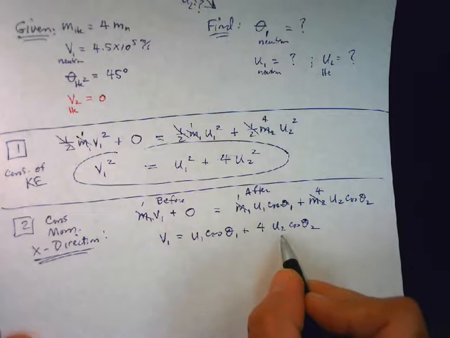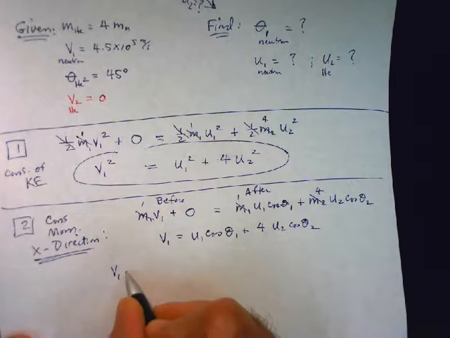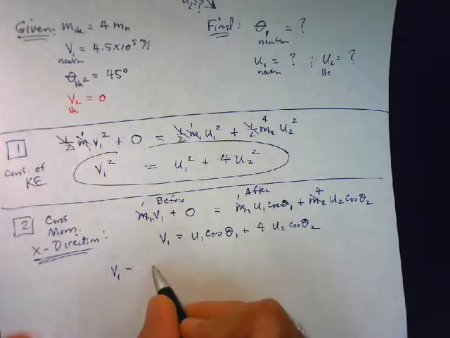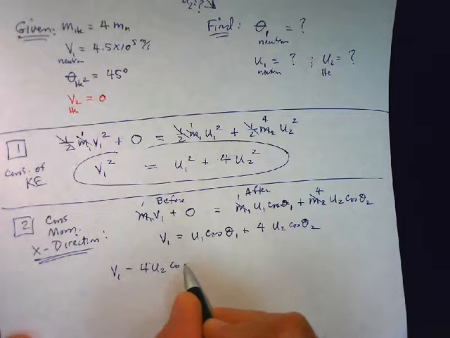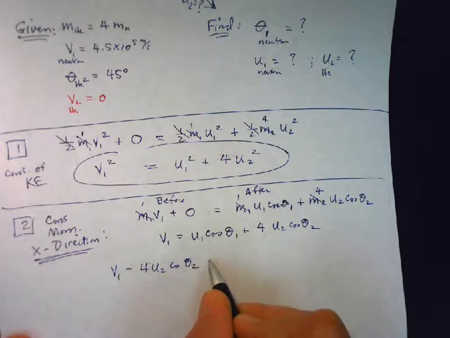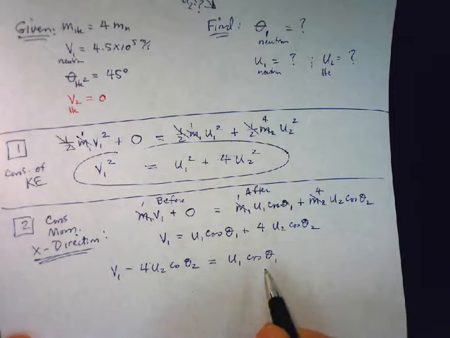basically subtract 4 U2 cosine theta 2 from both sides. So I'm going to get V1 minus 4 U2 cosine theta 2, and set that equal to U1 cosine theta 1. Now we have this theta 1 isolated over on one side, and that's good because we want to know what that is.